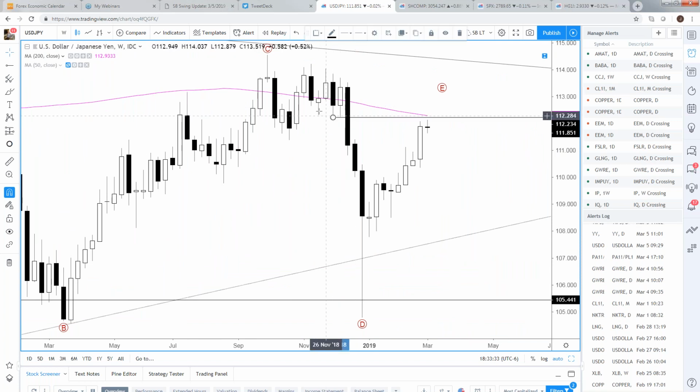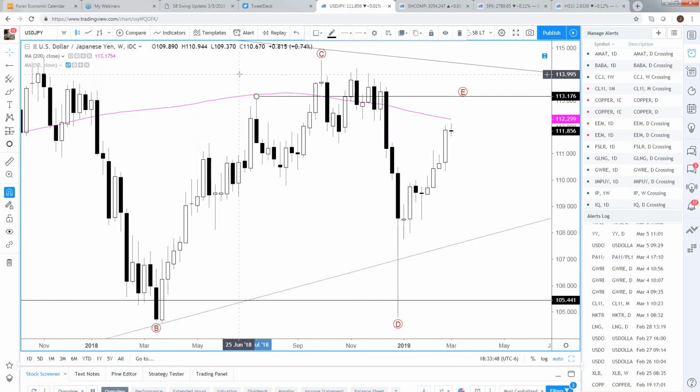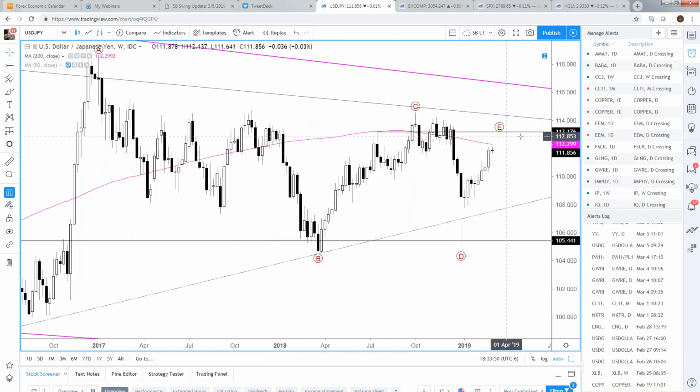Back in late 2018, November and December, you've got 112.30, 112.20, that area, which is right where the 200-week is, or whether or not you want to try for a bigger up to 113.20.